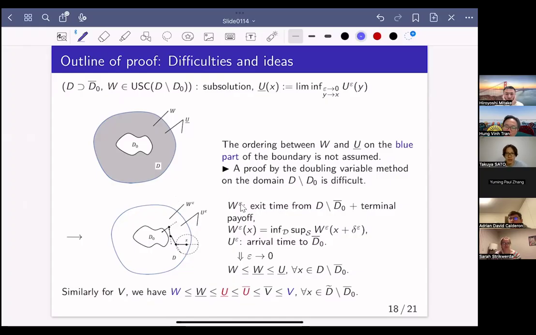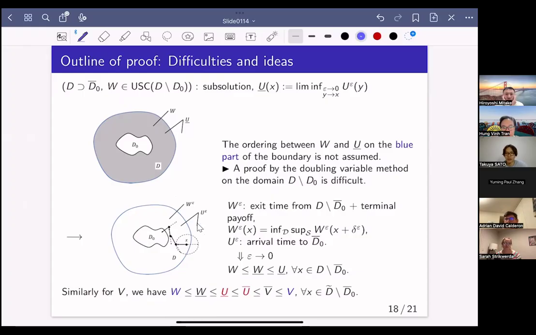By using this new game W epsilon, and U epsilon is the original game, which is to hit D0.